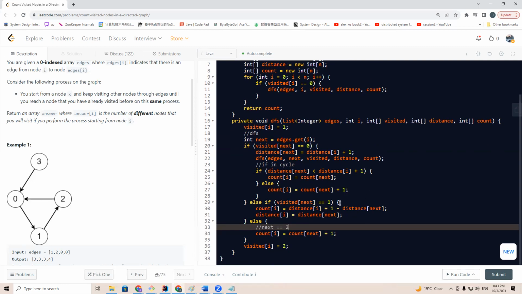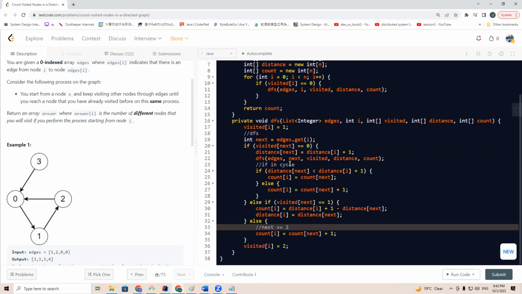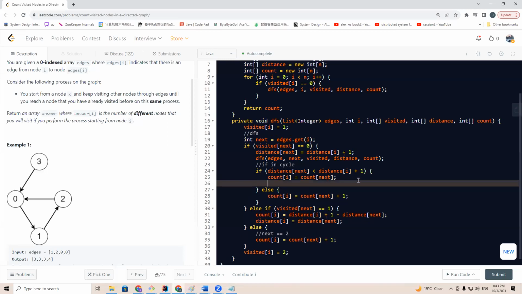If this one equals 1, the circle. After DFS, we will also update the distance.